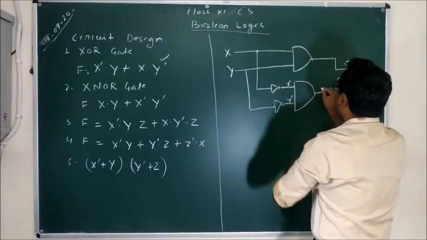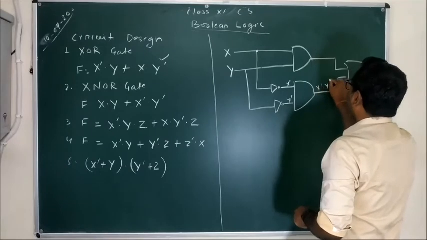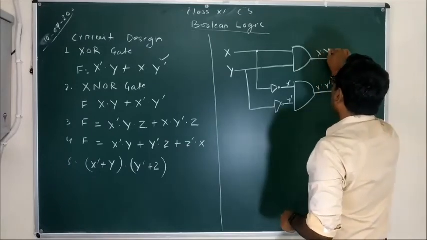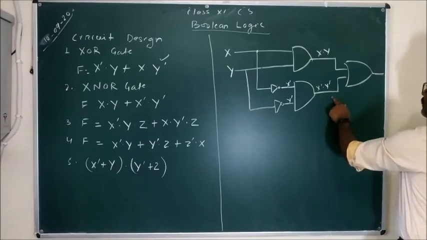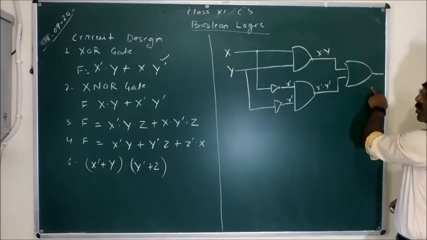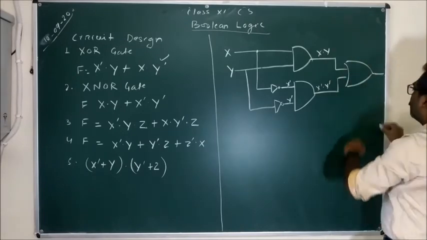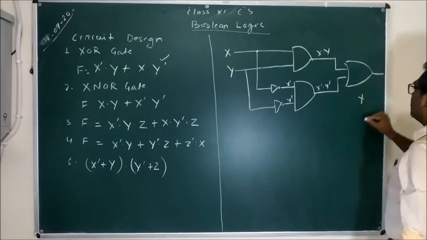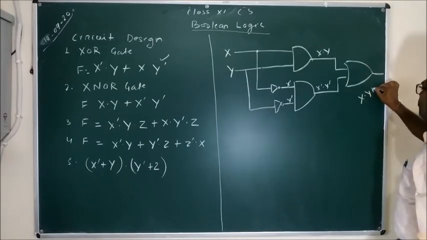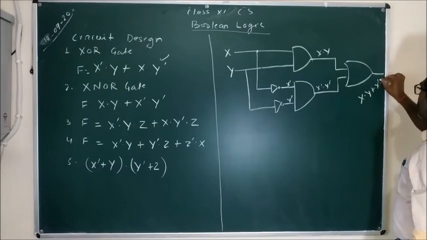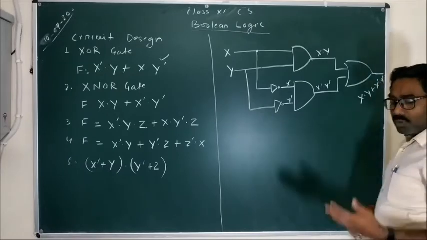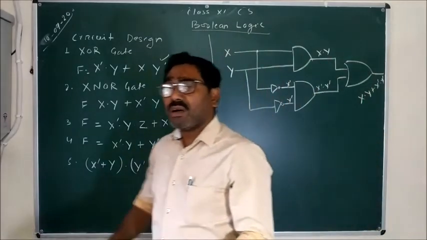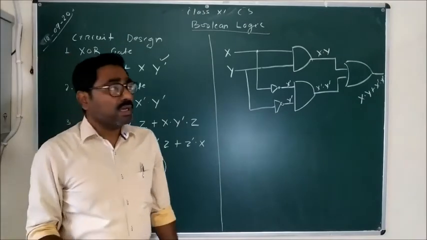So here we have x dash dot y dash, here we have x dot y. And when we are passing both the terms through OR gate, here we have the complete expression, that is x dot y plus x dash dot y dash. So these are the circuit diagrams of the first two expressions.